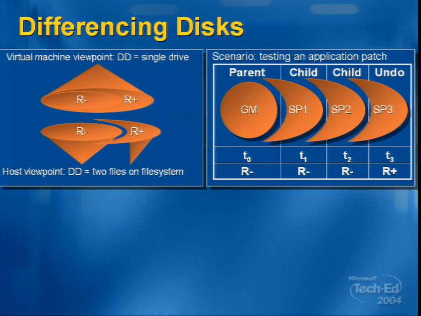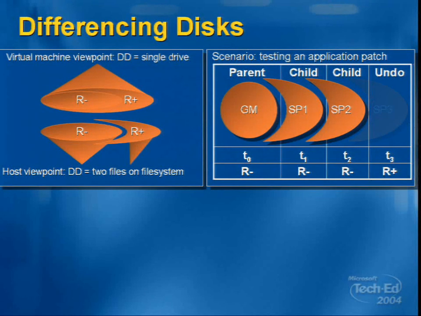So I come from a programming, software development background. In my mind, I think of the base drive as a superclass, and then I'm just subclassing the trees, creating a whole class structure of drives, of applications. So at some point in the future, you can unwind it, throw the undo drive away.